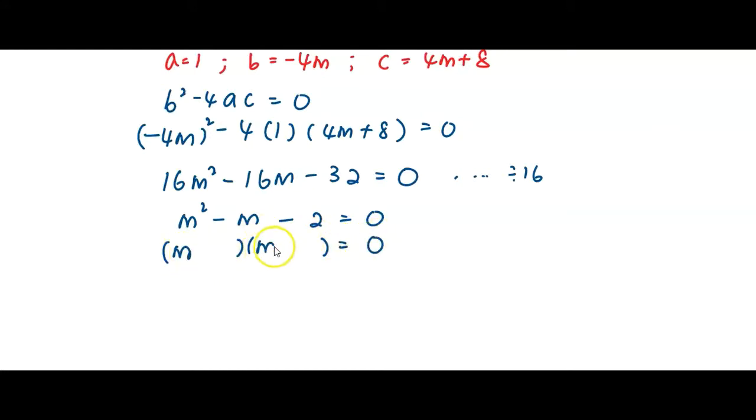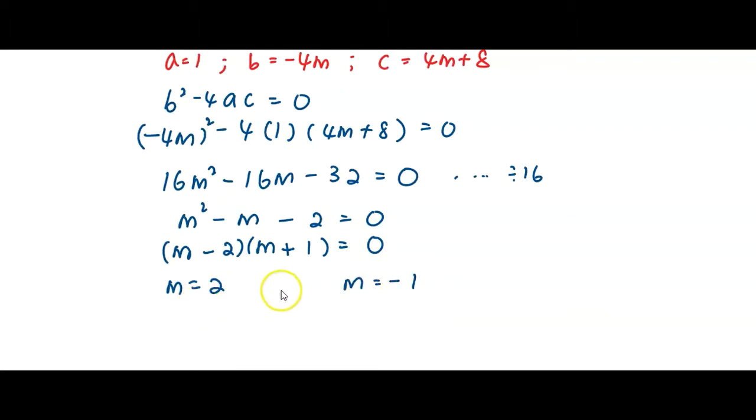I got 2 and 1, and in order to have a negative m, I need to have a negative sign here, and this will be positive. Then I will expand back to see if I get back this. All right. Then I have m equals 2 or m equals negative 1.